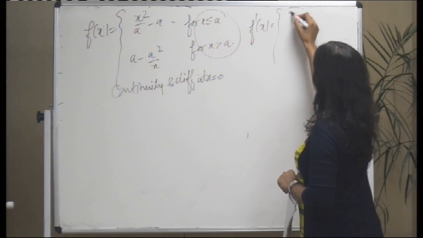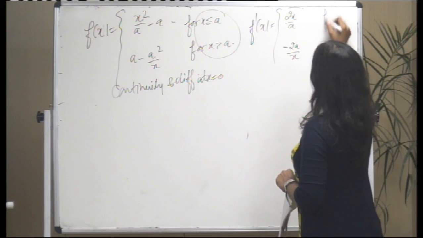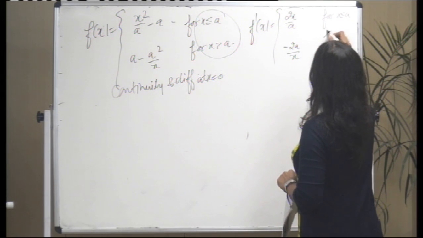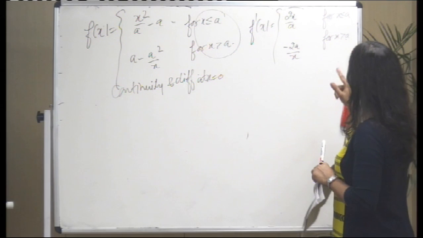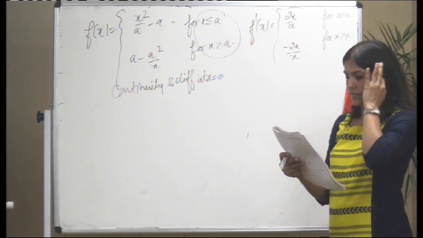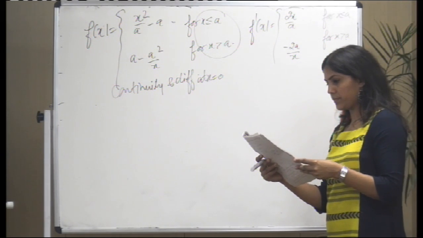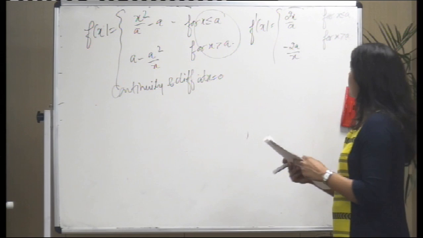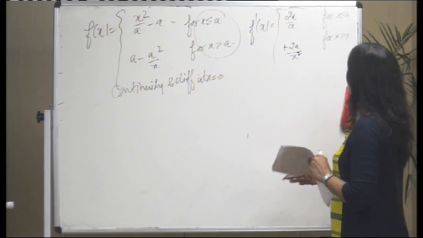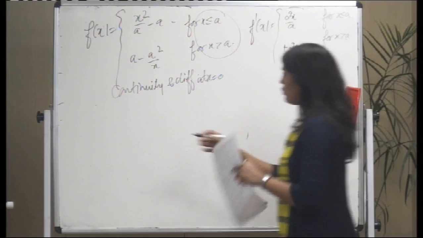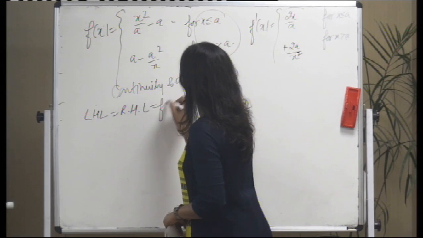So f dash x will be... continuous, both values are zero.